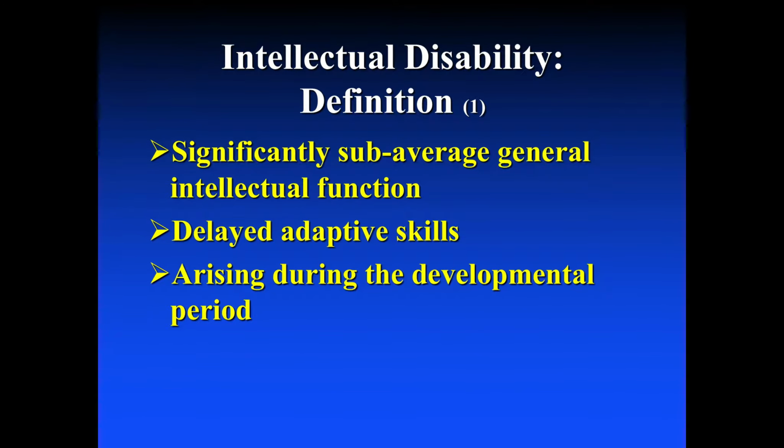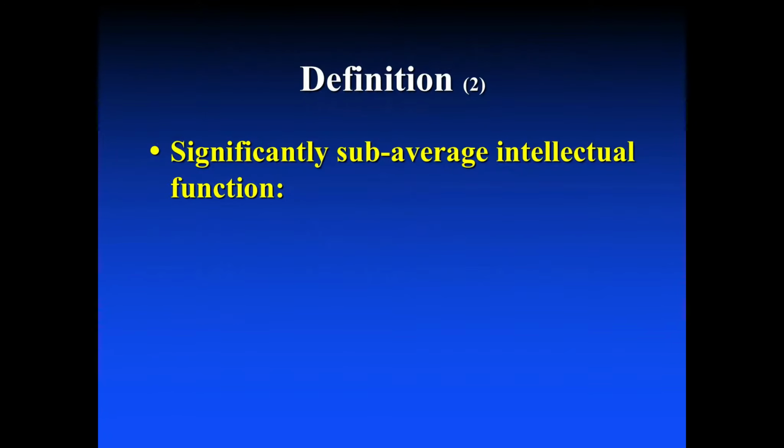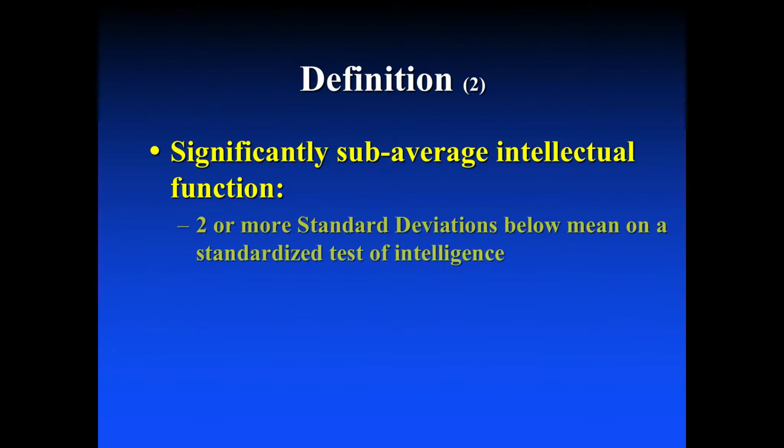To define ID, the textbook definition is significantly subaverage general intellectual function, accompanied by delayed adaptive skills and arising during the developmental period. Significantly subaverage means 2 or more standard deviations below the mean on a standardized test of intelligence.